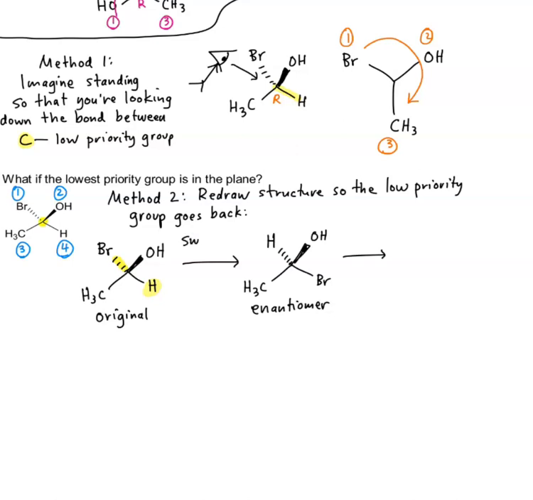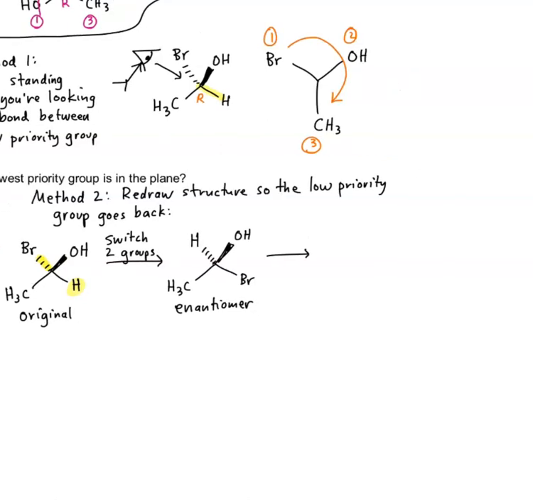We switch 2 groups. That gave us the enantiomer. Now we switch 2 groups again. And now let's switch the bromine and the methyl group. So what you don't want to do is switch your low priority group out of the back position.